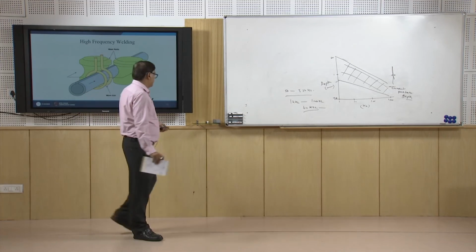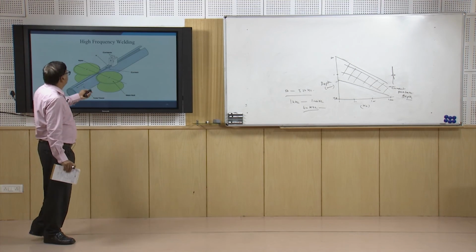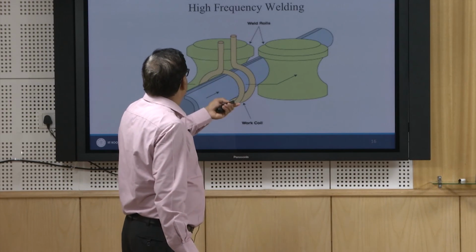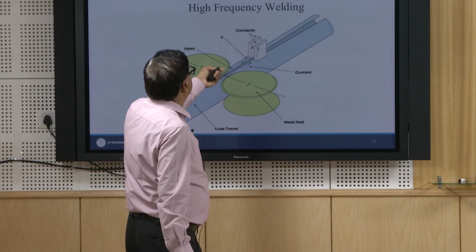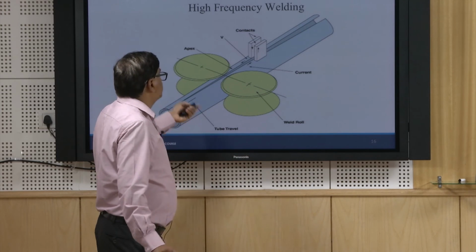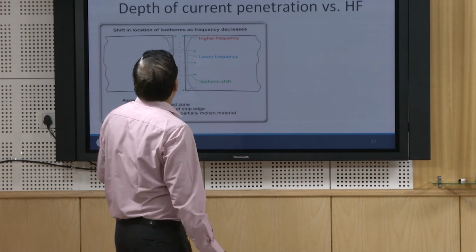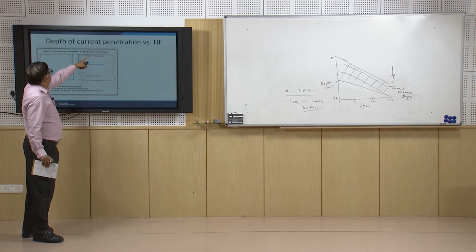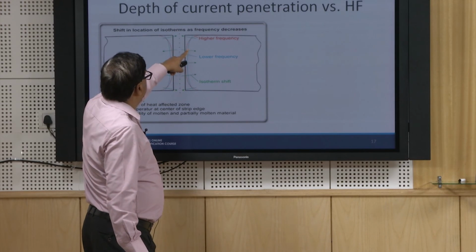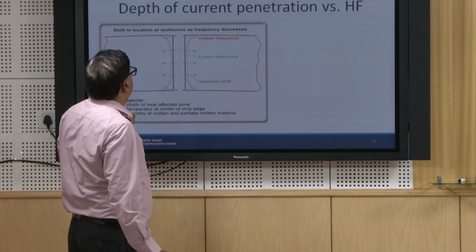This is another arrangement of the contact type. The earlier one was the induction type arrangement for making the pipes, and this is the contact type. So, the high frequency current is fed to these coils, and the rollers will be forging them together once the edges are softened, and this is how the high frequency current will be localized near the surface layer, and low frequency current will be localized at somewhat greater depth as compared to the high frequency.